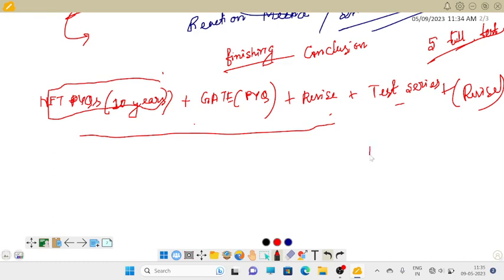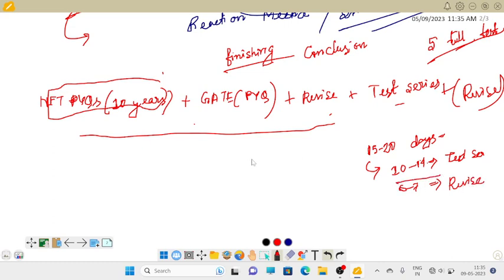In the last 15 to 20 days, if I divide it, 10 to 14 days you should give test series, and the last 6 to 7 days you have to revise everything again. Don't give test series here.